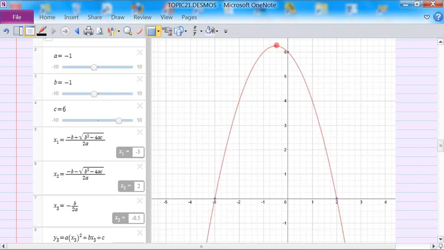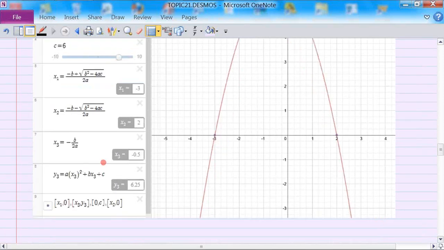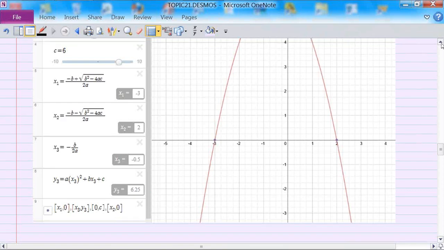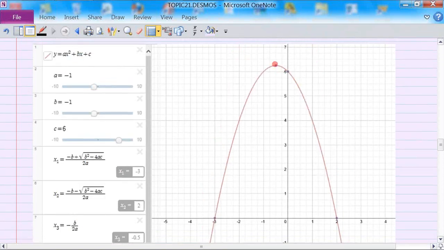You can see here is the vertex, and the vertex is at minus 0.5, comma 6.25. Where do I get that from? Minus 0.5, or minus a half, and when I plug that into the equation, I get the maximum value of 6.25. So you can see right about here, 6.25. This is 6.